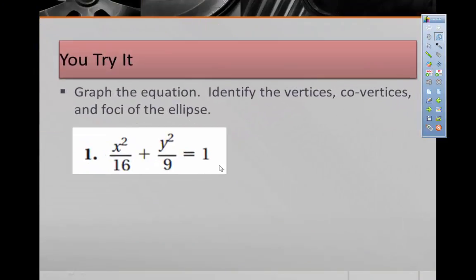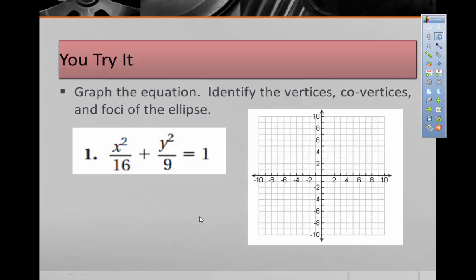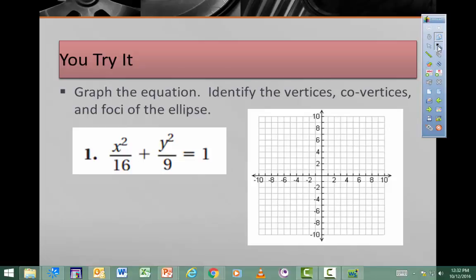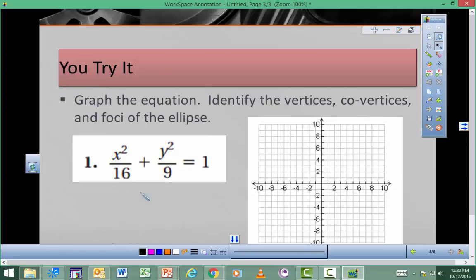Now, this one, they already have it in standard form, so it's going to be even easier. But you're going to find that most of the time you can graph these really quick because this one's elongated on the x-axis. Whichever number is bigger in the denominator is the one that's elongated.